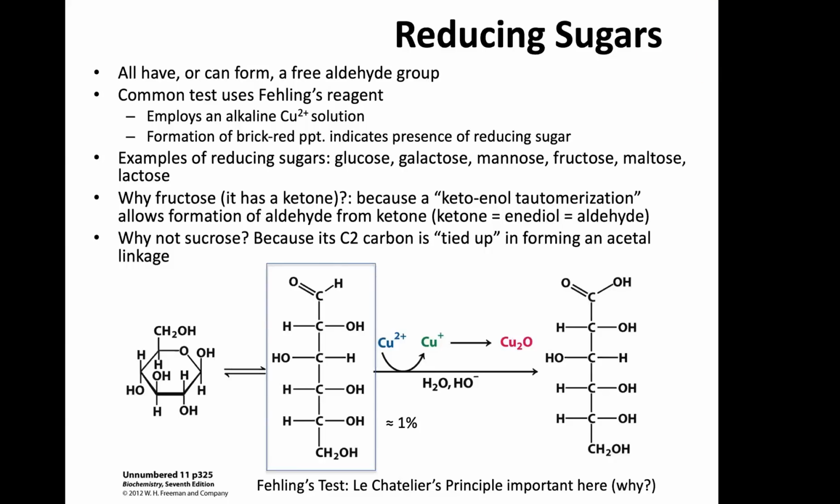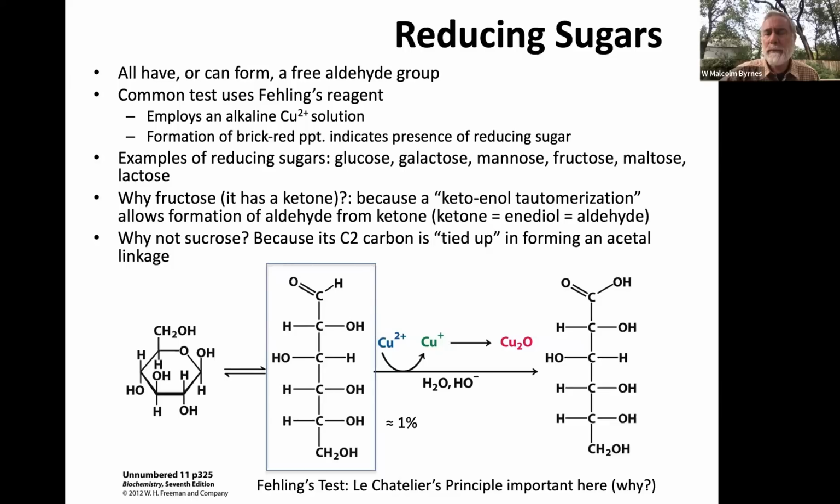In the sample. Yeah, I think when this form of sugar is reduced, the equilibrium will move to the right to produce more free aldehyde group, this form of sugar. So it will keep the reaction moving. That's correct. Yeah.